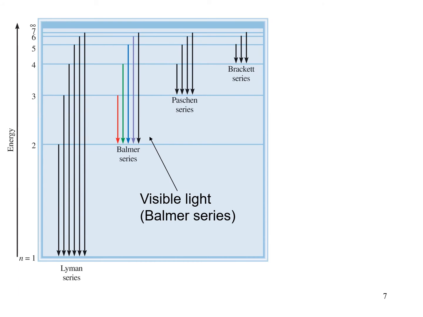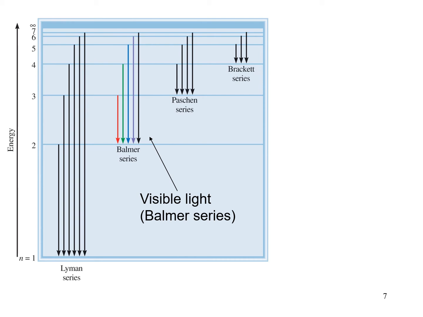Let's take a look now at this figure, which is a representation of changes in energy level when the electron in the hydrogen atom drops from a higher energy level to a lower energy level. If you focus your attention on the left-hand side of the figure, you see that at the very bottom we have the ground state, which is n equals 1, and this ascends through the energy levels up through n equals 7, all the way potentially to infinity.